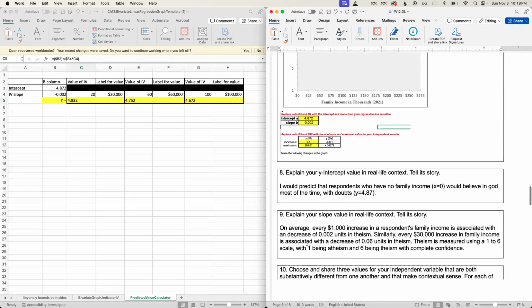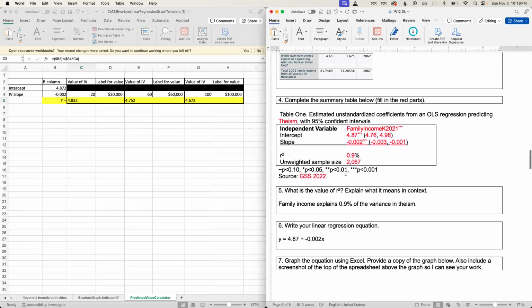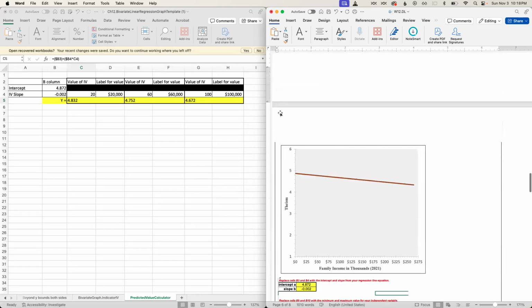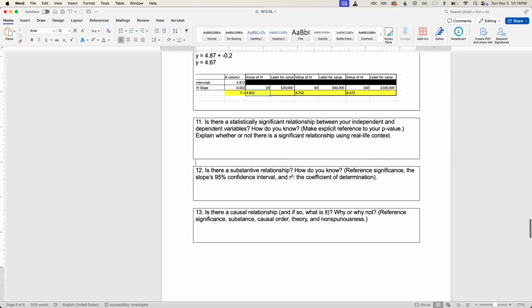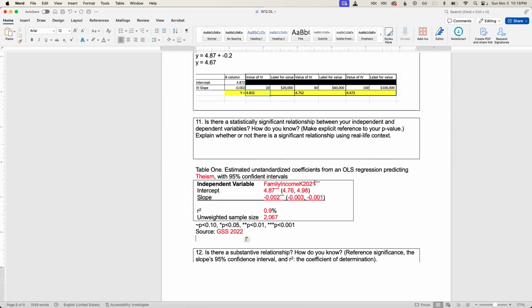How do we know? Okay, we already saw that. We can look here at what we already marked, which was that p-value of less than 0.001. And so it is significant. So we can say yes, p is less than 0.001, which is less than 0.05.